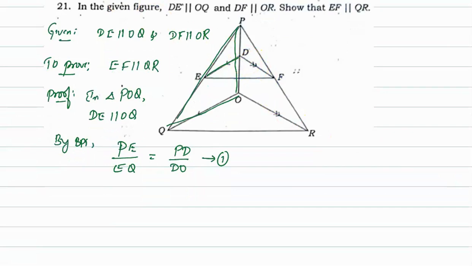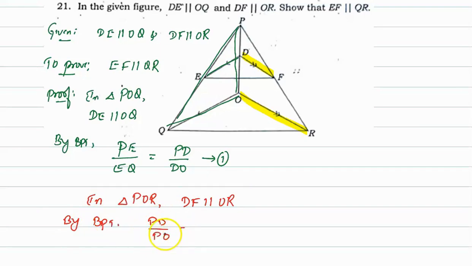Similarly, another pair of parallels you can observe here. There is another pair of parallels. In which triangle do these two parallels come? That comes in the triangle POR. What can I write here? DF is parallel to OR. So since parallel is there, again I can apply BPT. When I apply BPT again, what comes?